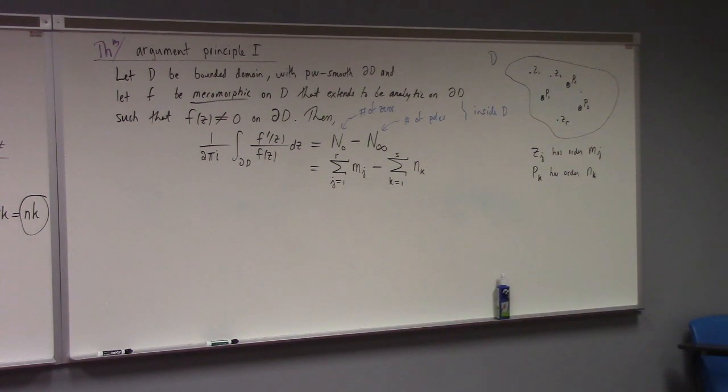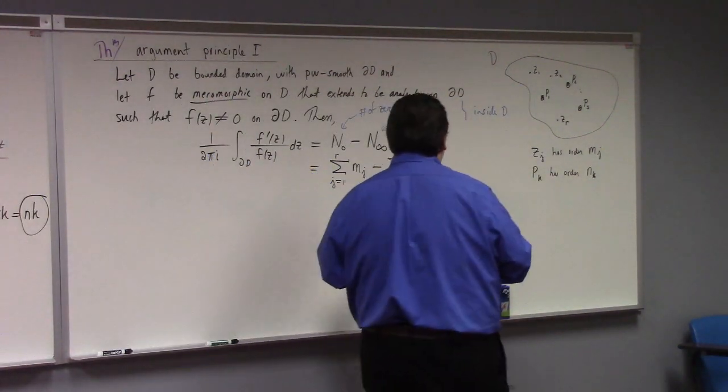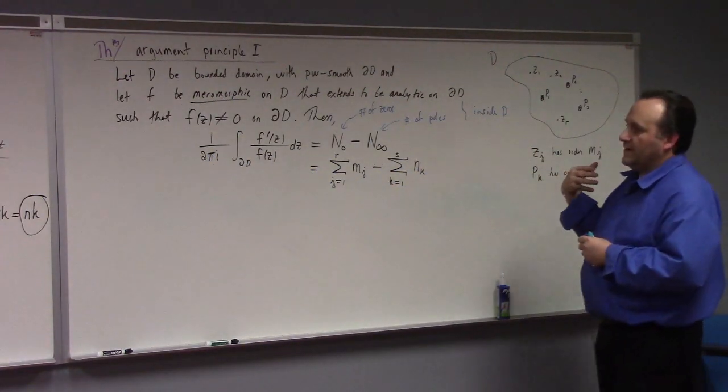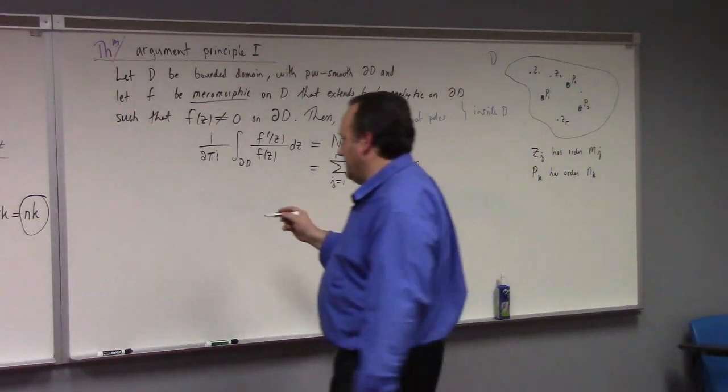You have almost proved this in your homework already, I think, or you will soon. The proof is actually really simple. So what does it mean for f to have a 0 of order n?